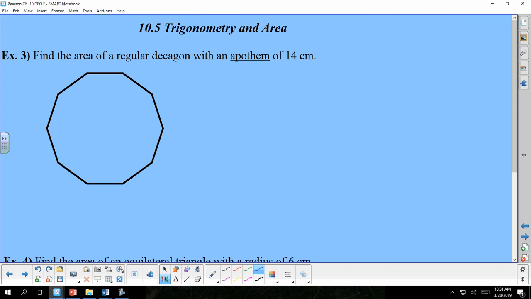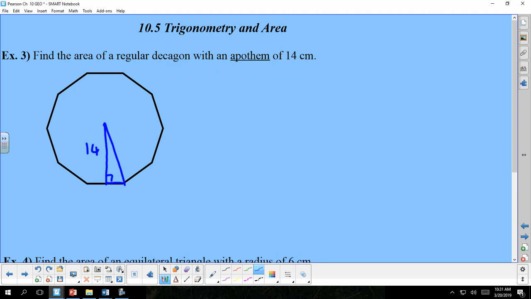All right, so the next problem, we want to find the area of a regular decagon. And we're given the apothem. So let's go ahead and draw our triangle in there again. So we have our center. We're given this apothem is 14. Let's finish drawing in our right triangle that we need.